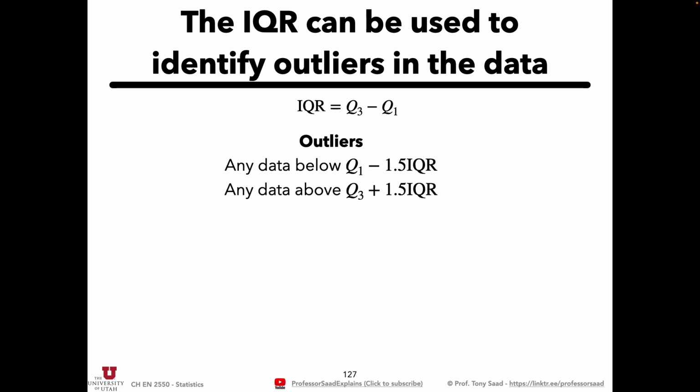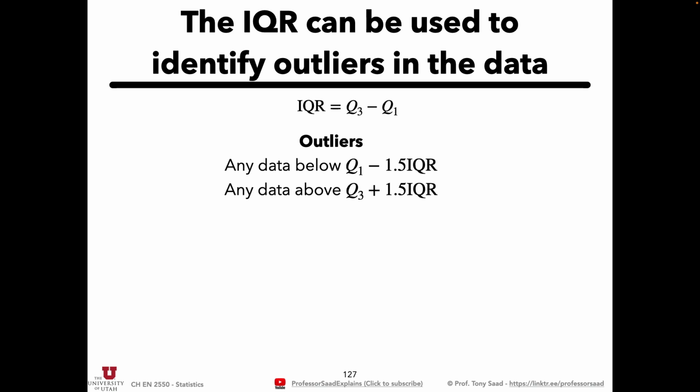1.5 IQR. So you take Q3 and move up by 1.5 interquartile range, or start at Q1 and go to the left by minus 1.5 IQR. So here you're defining a new range for your data.